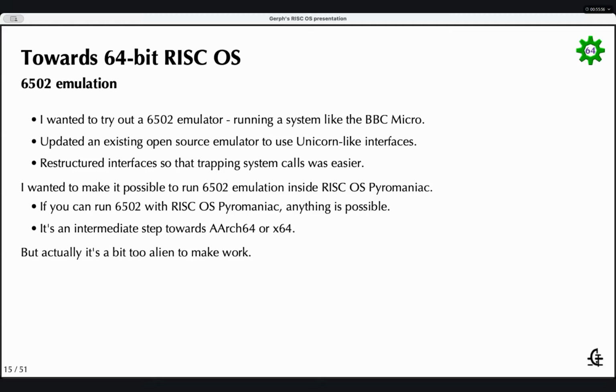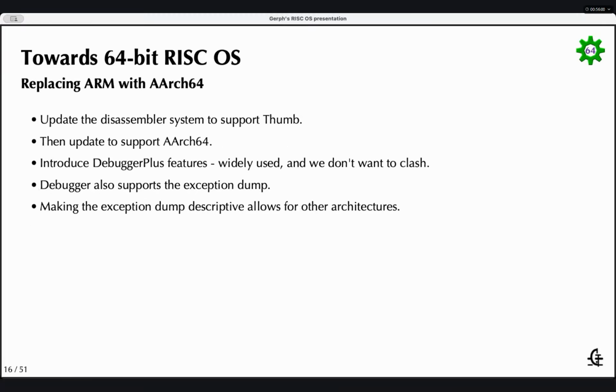So in December 23, because that was a long time ago, I began reworking the innards of RISC OS Pyromaniac to try and allow it to emulate something other than ARM. It wasn't going to emulate 6502, but I could try starting on ARC64.